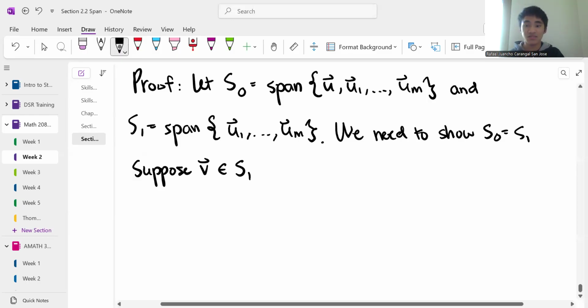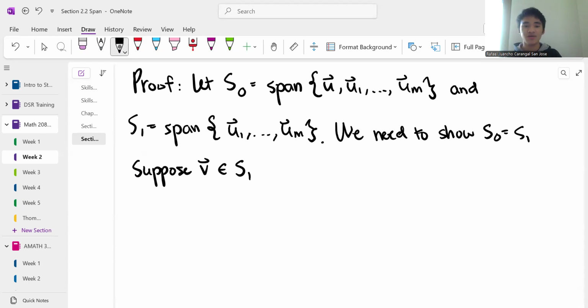So let's say this is true, right? We can write vector v as a linear combination of u sub 1 to u sub m, right?